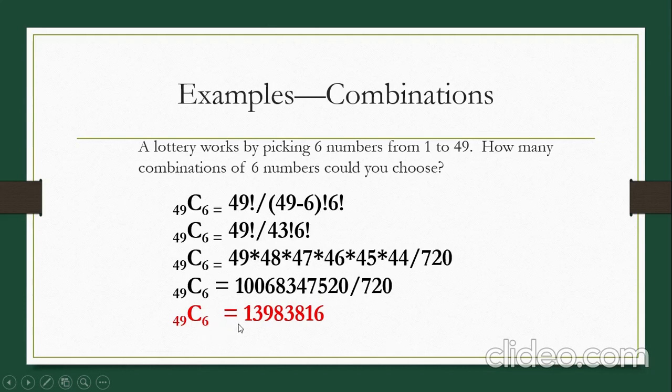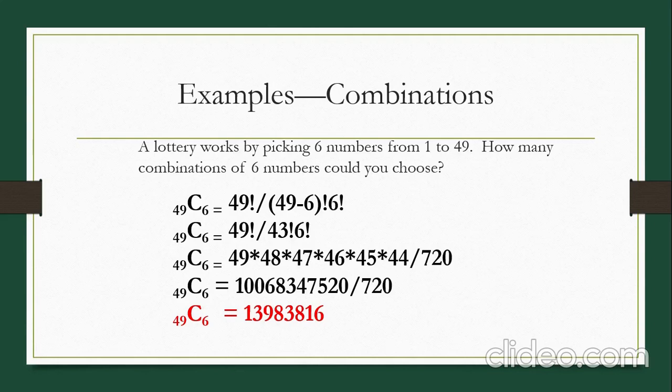So, out of 49 numbers, if you're going to pick 6 numbers, in order for you to win, you have to consider that for those particular numbers, there are 13,983,816 combinations for you to choose in order for you to win.